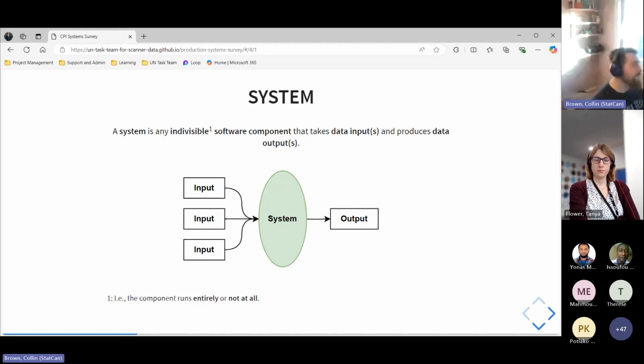By indivisible, I mean the system runs entirely or not at all. That's important when you think about multiple systems pieced together, because an important question is whether you can modify one system without impacting another, which has implications for how maintainable a system is.